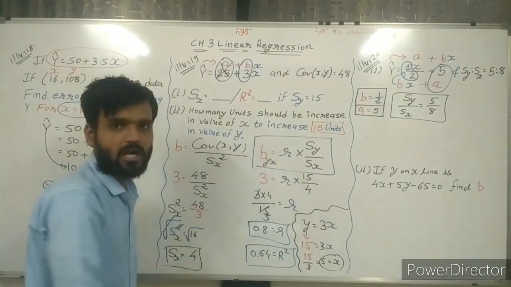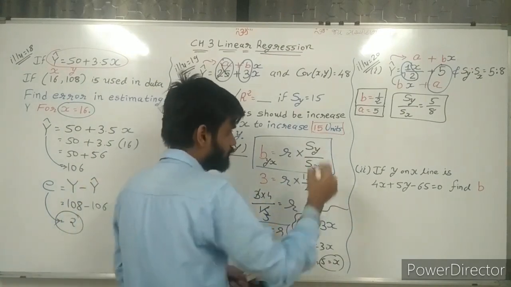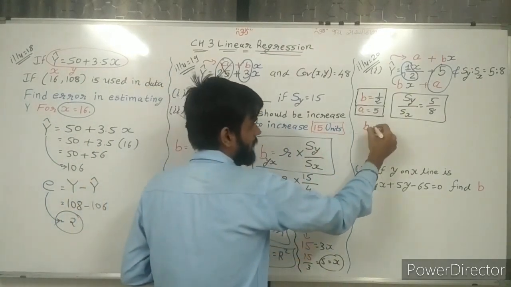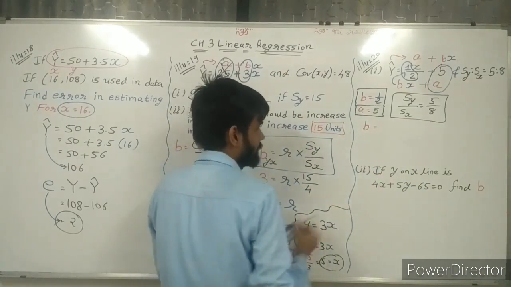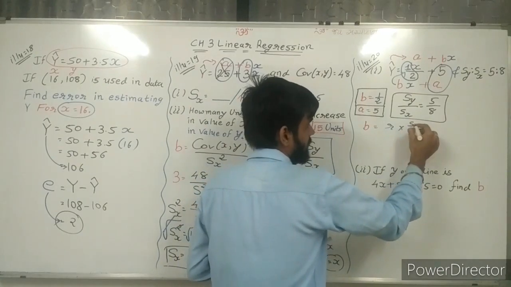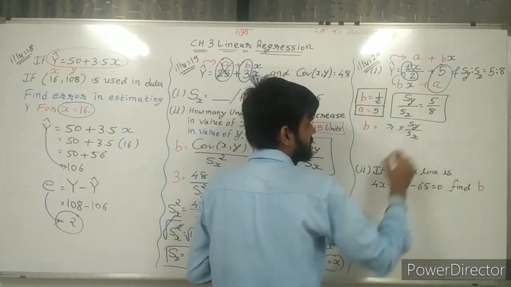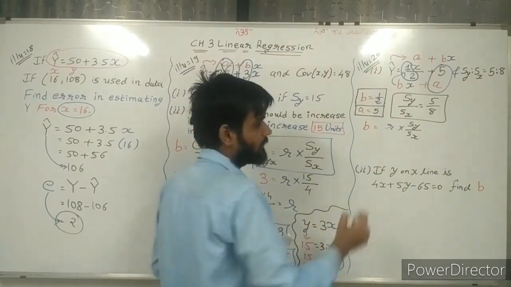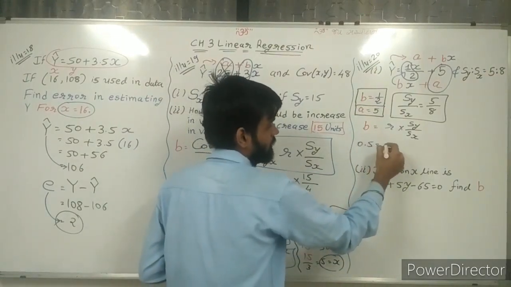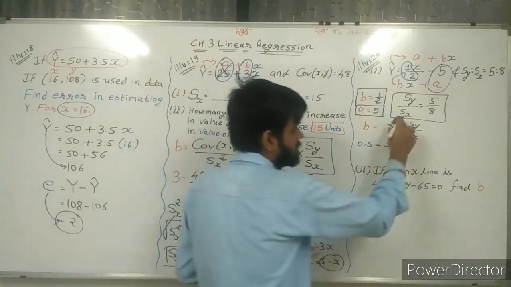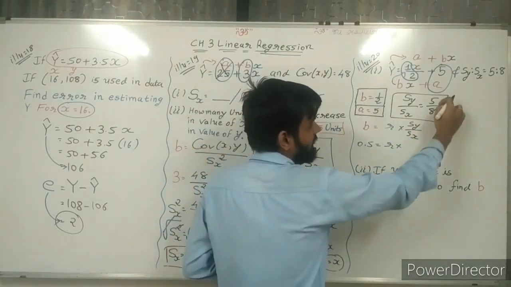In this formula, I am placing the values. So first of all, write b is equal to r into sy upon sx. Sir, b value is 1 upon 2. 1 upon 2 means 0.5. R we don't know, sir. Sy upon sx, sir, already given 5 by 8.